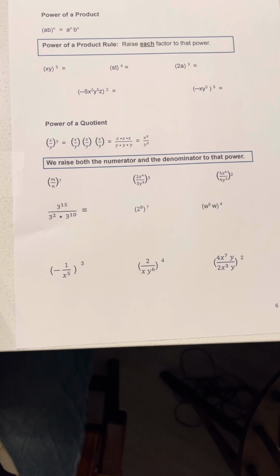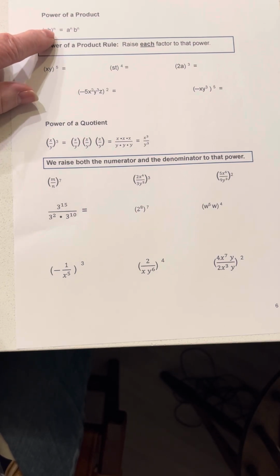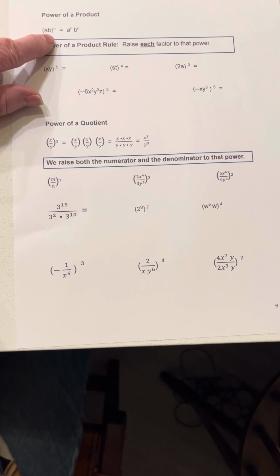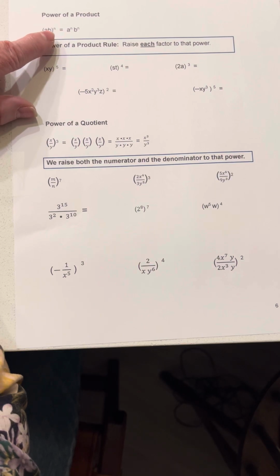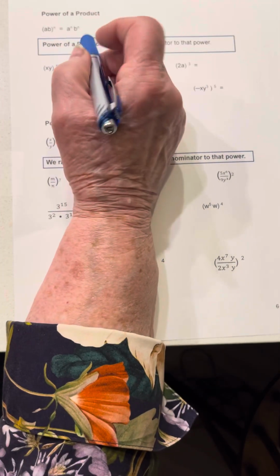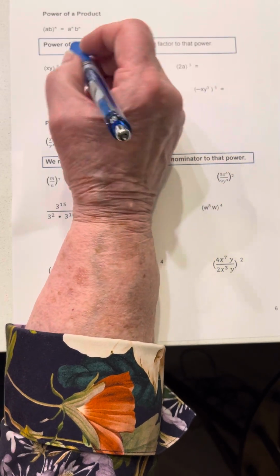And if we have a product like a times b and take that to a power, that means that we're going to take each of these factors to that power. So this is our little general rule stated with letters.